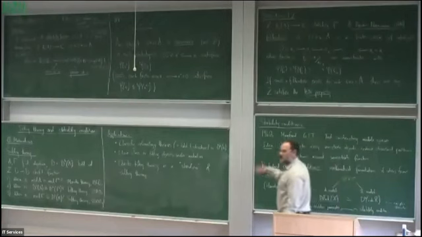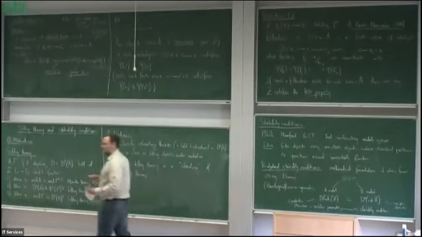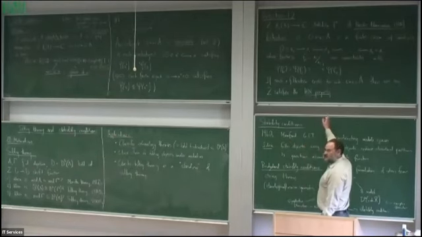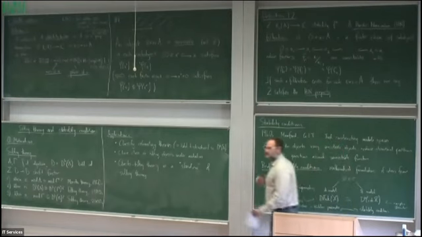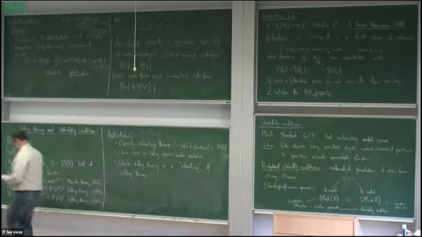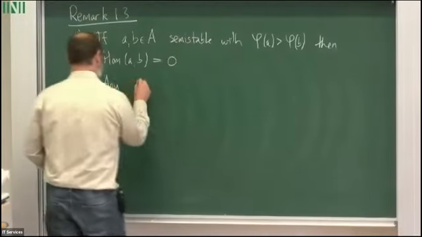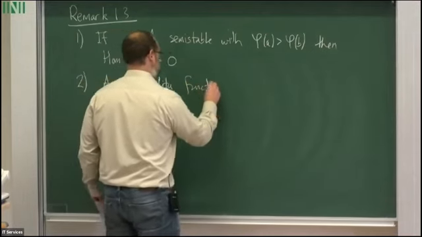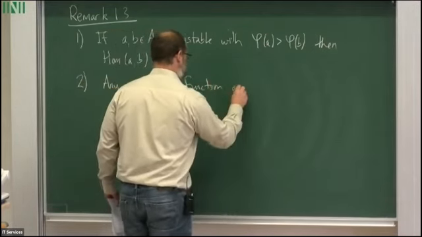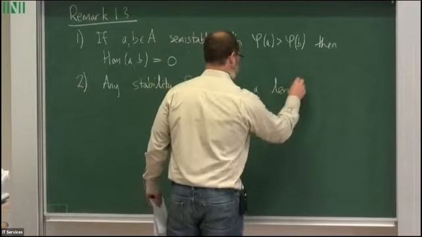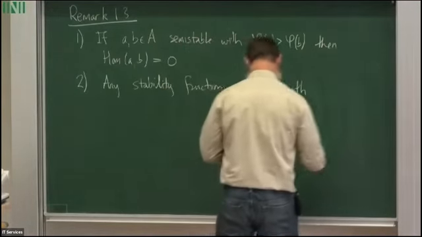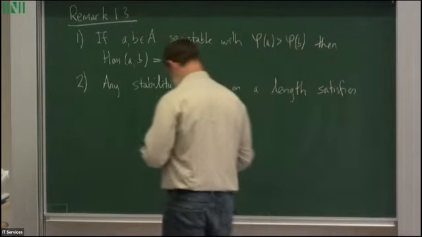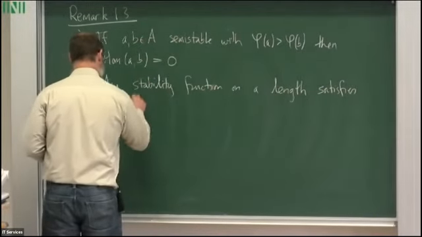So if you're dealing with module categories of finite dimensional algebras, the potential non-existence of HN filtrations is not an issue for you. Any stability function on a length category, where length means each object is Artinian and Noetherian, satisfies the HN property.